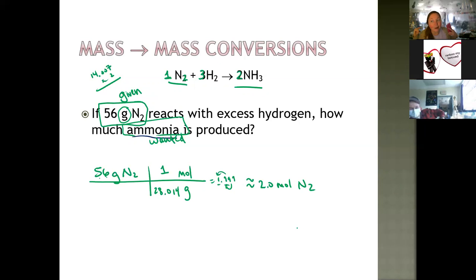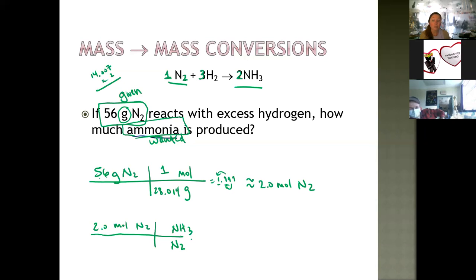Now that we have moles, we can use our mole ratios. So 2 moles of ammonia. Oops, oh my gosh, nitrogen. I keep calling it ammonia. It's still nitrogen. 2 moles of nitrogen. I'm going to now go ahead and use my mole ratio. I have nitrogen. I want it to go away. I'm going to put it on the bottom. I want to flip it into ammonia, so I'm going to put ammonia on the top.